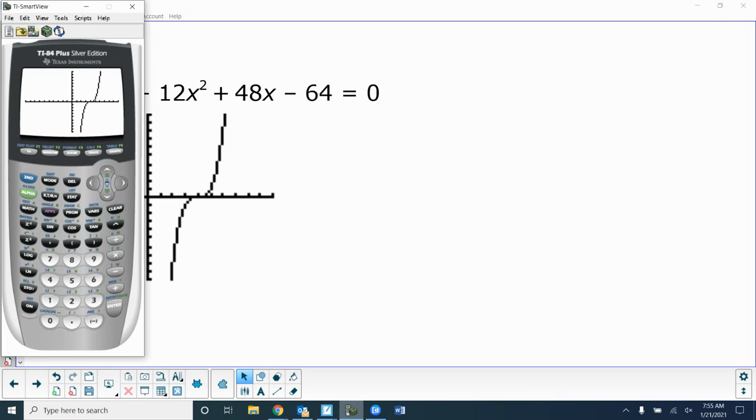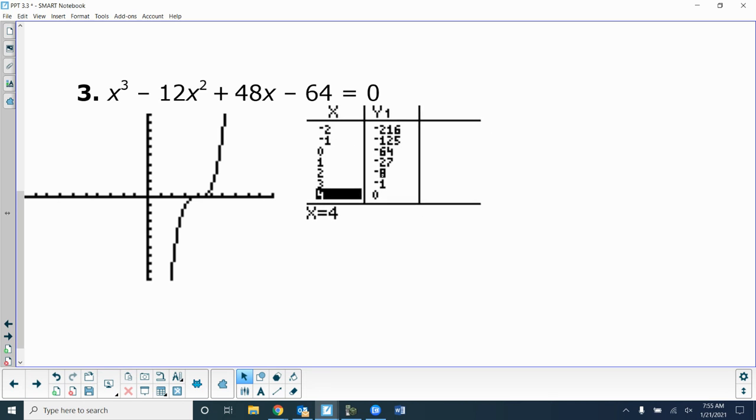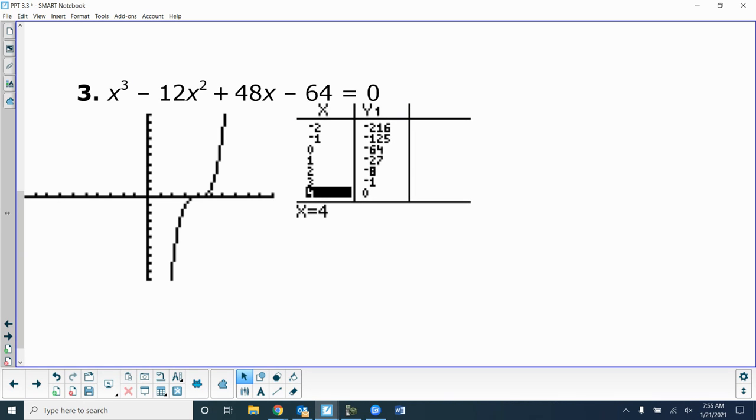Okay, remember, table is second graph. And I got to go down to the 4, see what's going on here. Okay, so that's correct. From the table, I can see that my 0 is 4. Remember, we're looking for the y being 0, but the 0 is actually the x value, all right?